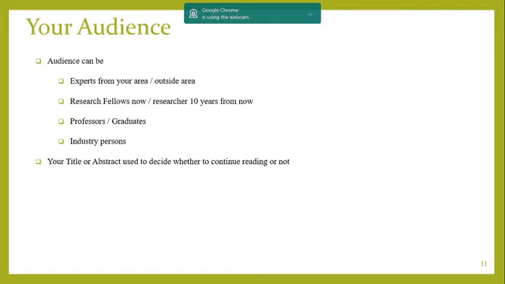If they get interested, they will go further. If not, they'll throw it out. So remember to write your abstract in a clear and concise manner. Because when it is self-contained, it can definitely attract more audiences to your paper.